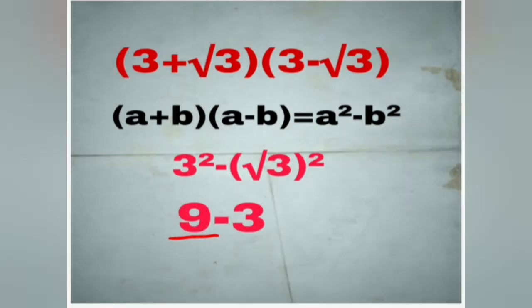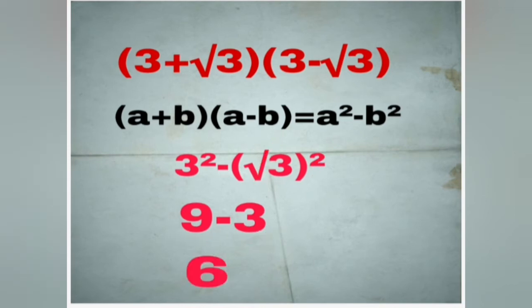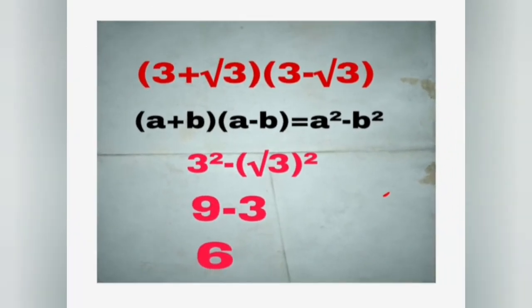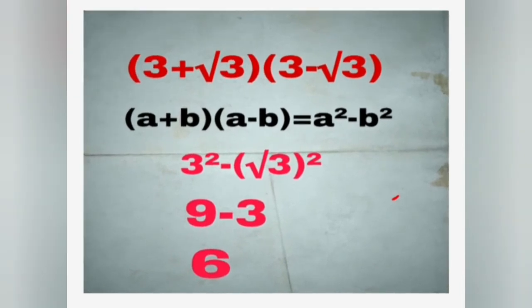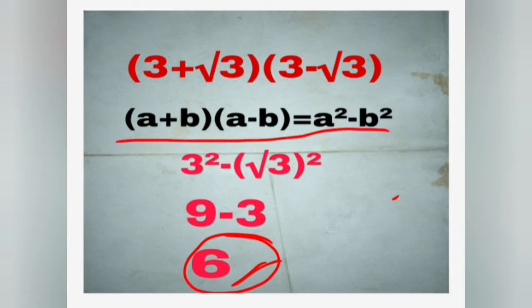Root 3 whole square means the root and square get cancelled, and we get 3 itself. Now 9 minus 3 is equal to 6. The 6 is the answer for our given binomial. So that is how we can solve the given question easily with the help of the identity.